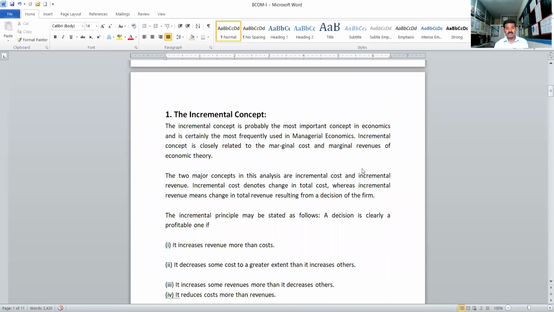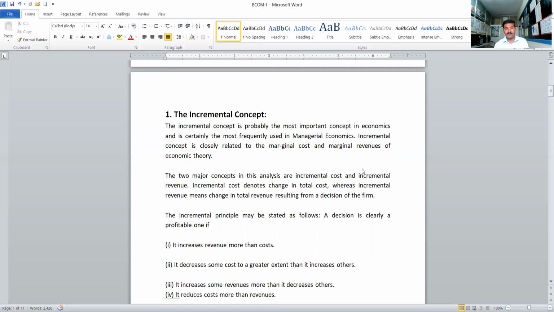The two major concepts in this analysis are incremental cost and incremental revenue. Incremental cost denotes change in total cost, whereas incremental revenue means change in total revenue resulting from a decision of the firm.